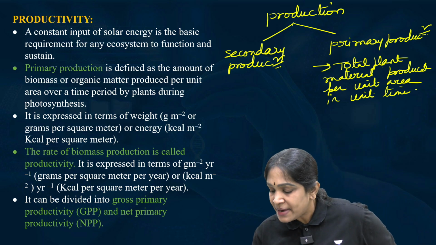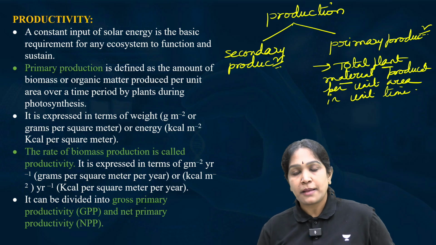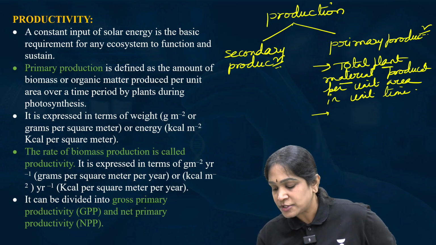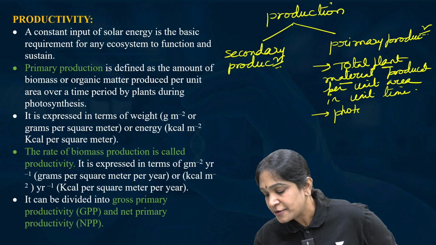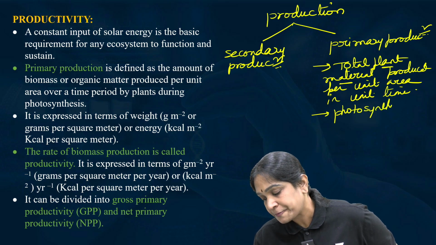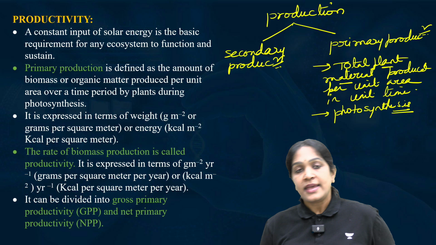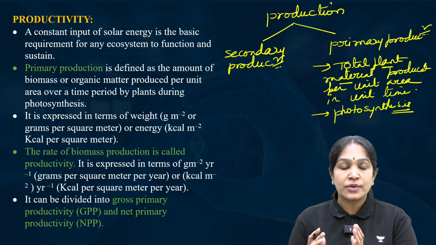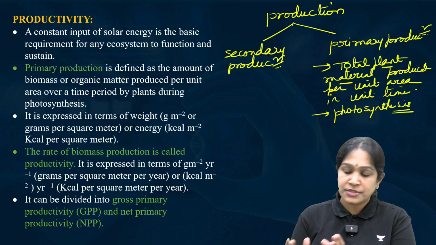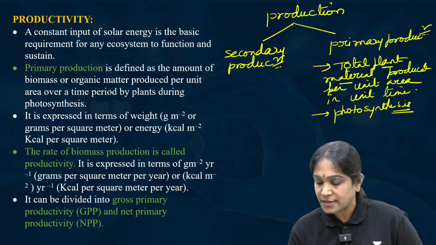How is this plant material produced? Plant material is produced by a process called photosynthesis. If primary production is the total plant material produced, then what is secondary production?